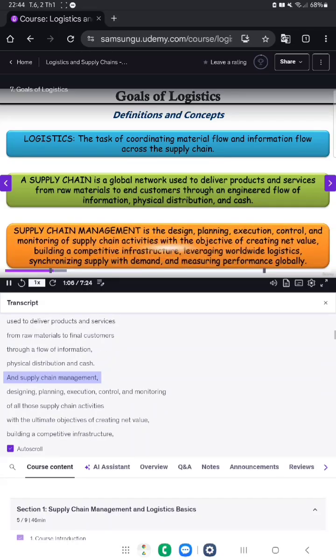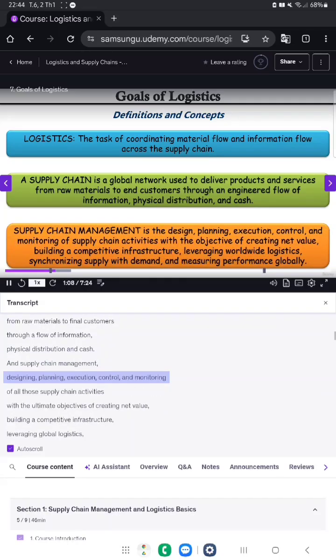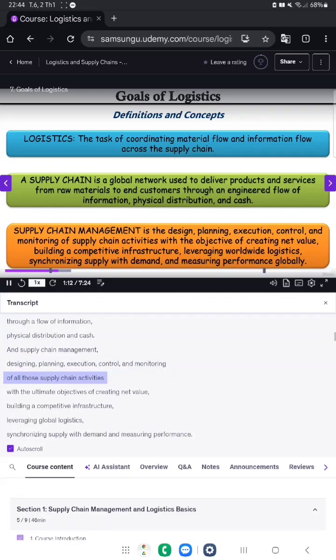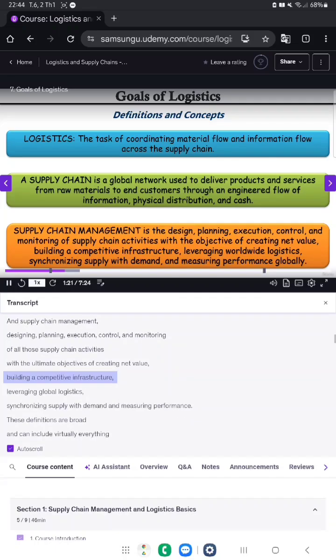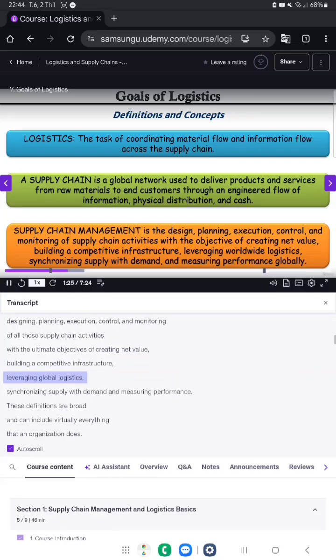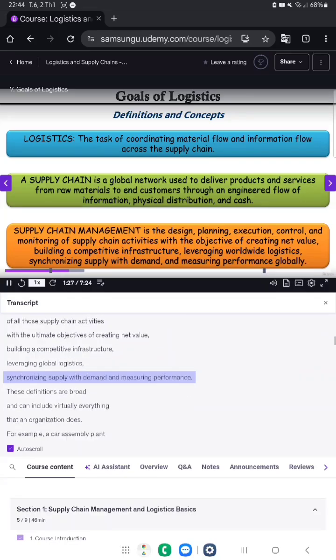And supply chain management: designing, planning, execution, control and monitoring of all those supply chain activities with the ultimate objectives of creating net value, building a competitive infrastructure, leveraging global logistics, synchronizing supply with demand, and measuring performance.